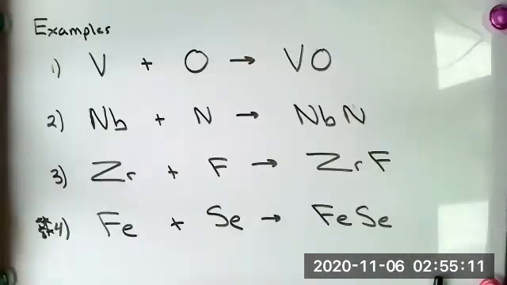Okay. Take those 4, use your table, get those oxidation numbers, drop and cross, and get those formulas.